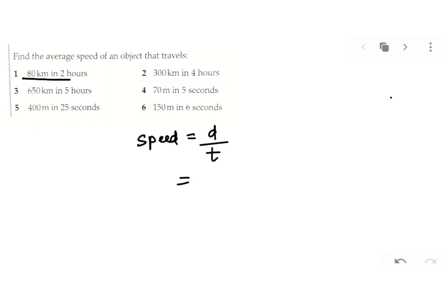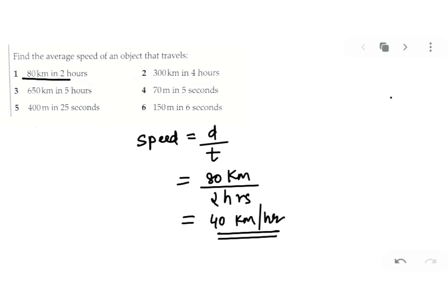So that will be 80 kilometer, that is the distance given, and the time given is 2 hours. That means speed will be 40 kilometer per hour. Got my point?